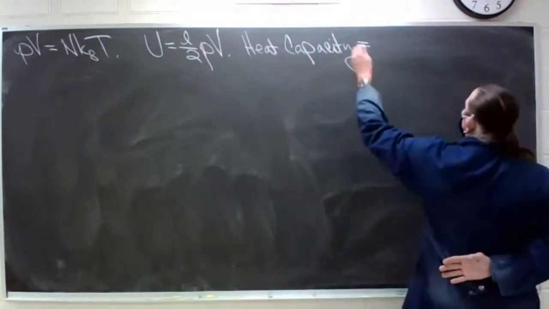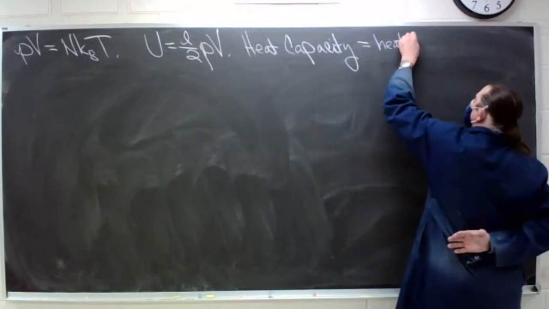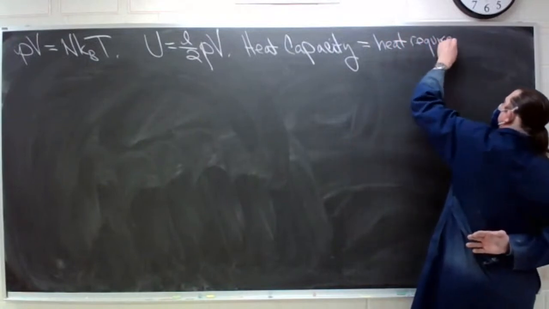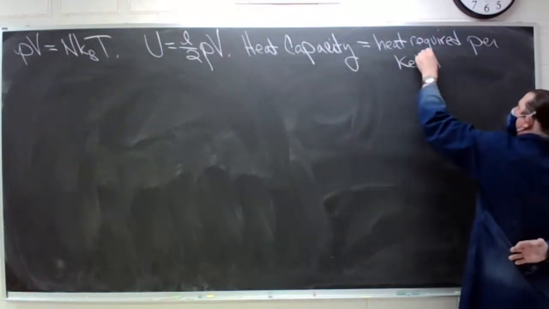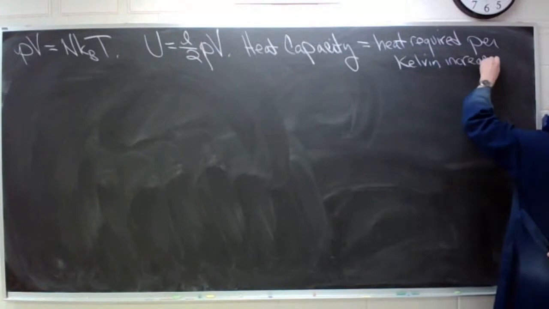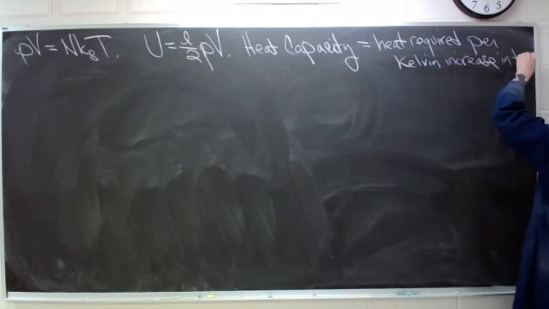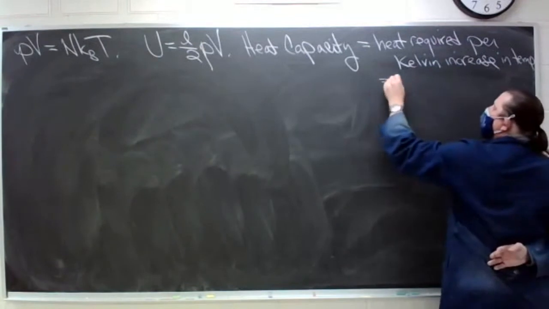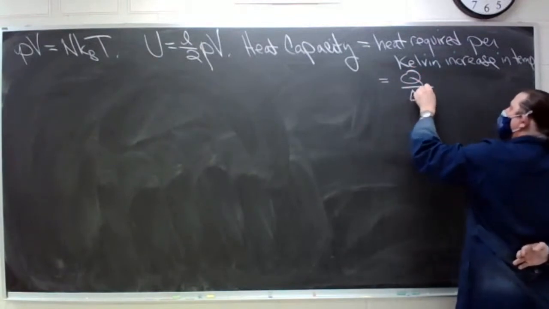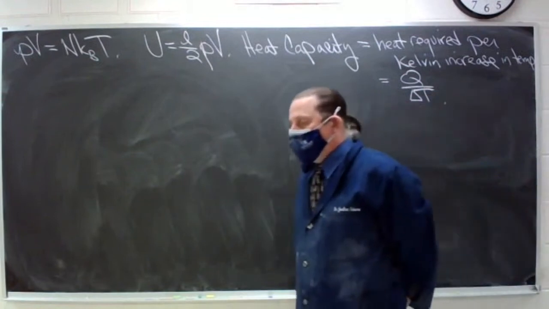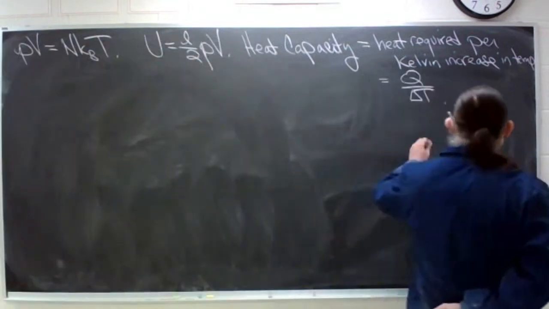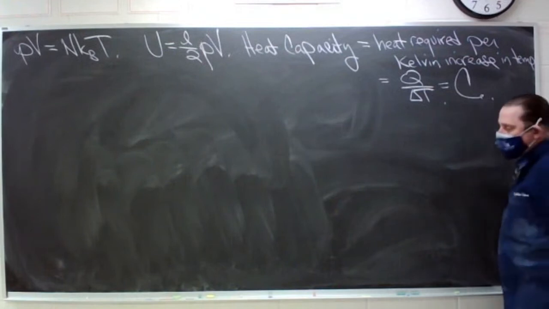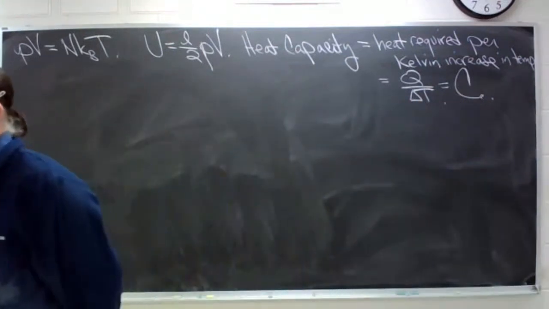So we could say heat divided by the change in temperature. We're going to use the symbol C for heat capacity.